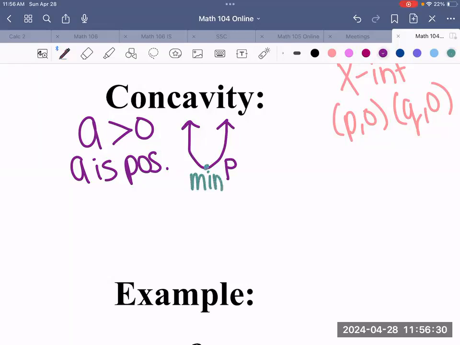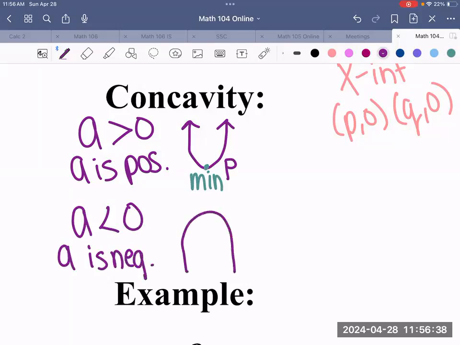Whereas if it's negative, so a is less than 0, we are now concave down. Now to memorize this one, think about spelling the word down, d-o-w, and that can be your n of the down. And this one will have a maximum.